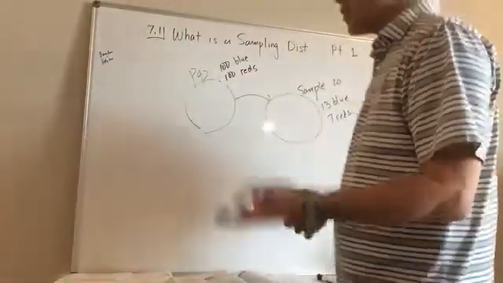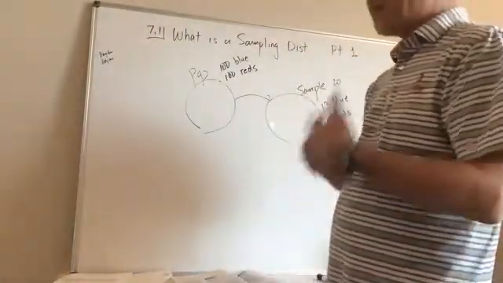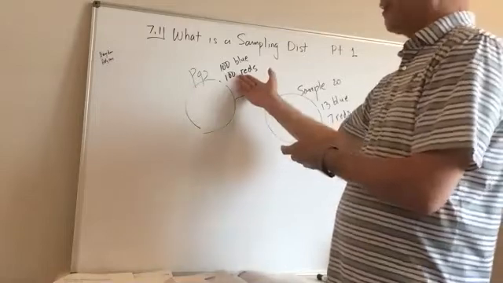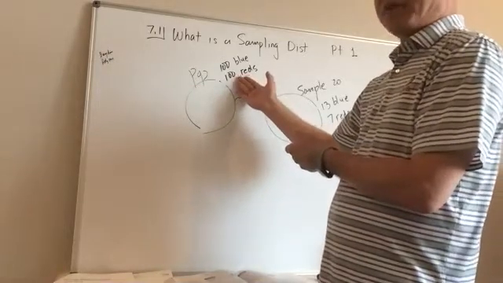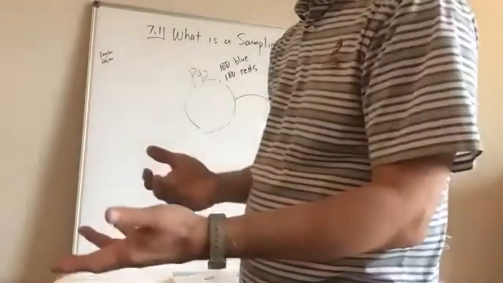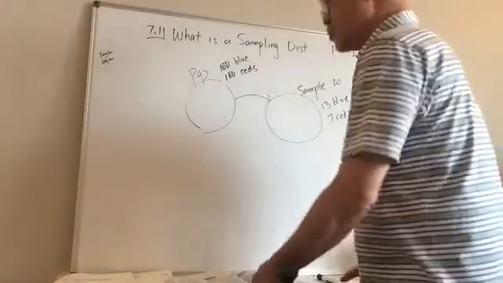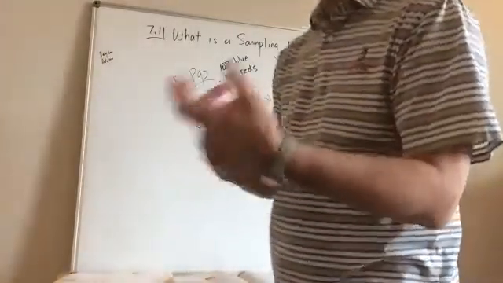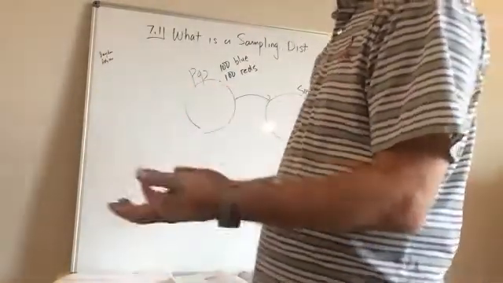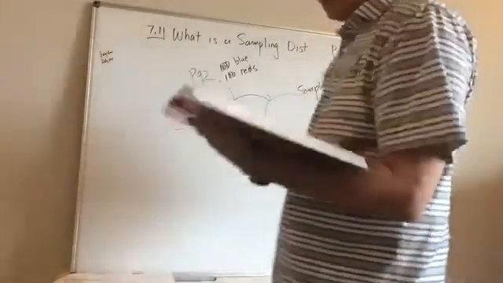In other words, it is not off kilter enough for us to positively say that there are not the same amount of blues and reds, right? So we can still believe there are the same amount of blues and reds. So there's no convincing evidence that there are fewer reds and more blues, okay?